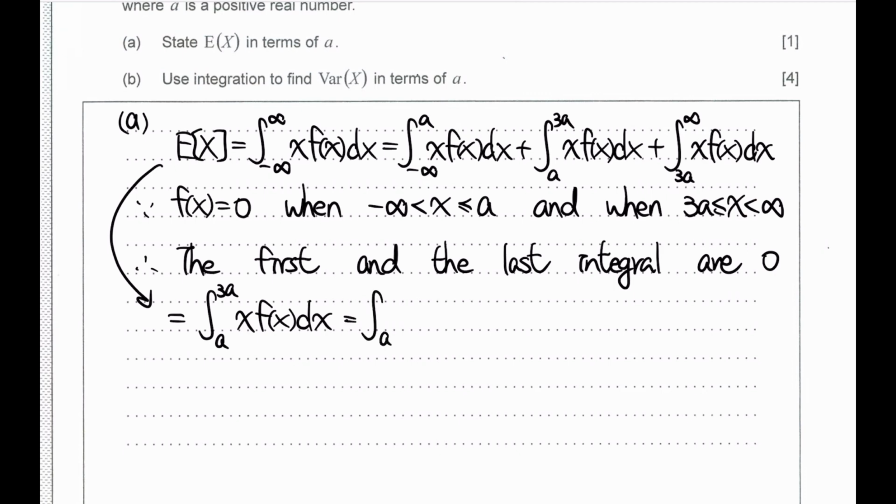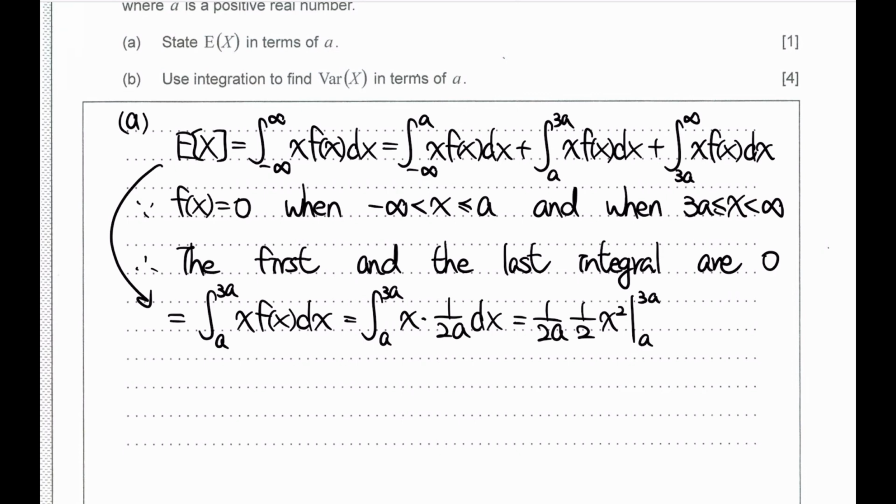So it is equal to the integral from a to 3a of x times 1 over 2a dx. Taking out the constant and then calculating the integral gives us that it is equal to 1 over 2a times x squared over 2, with limits from a to 3a.